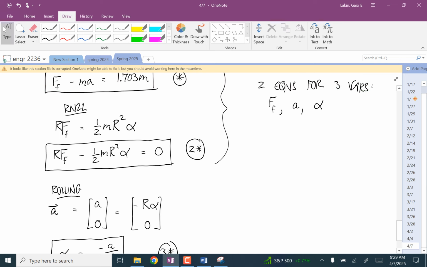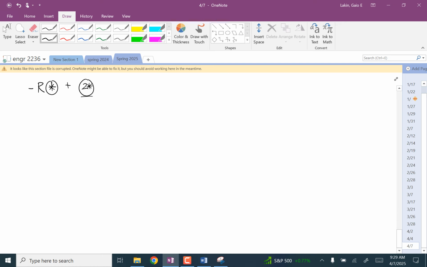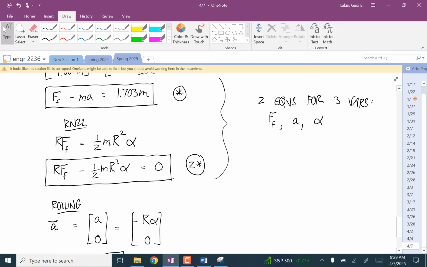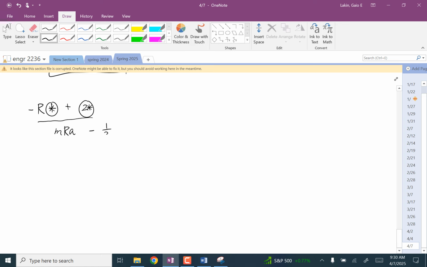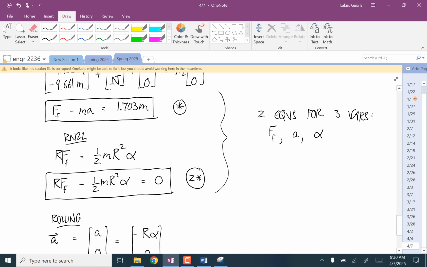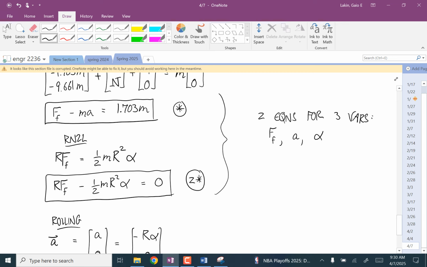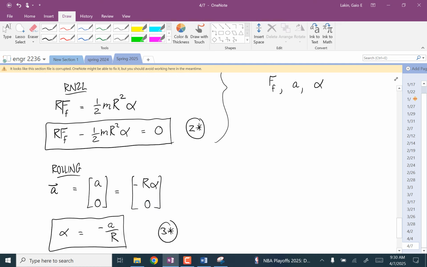And we have a positive MRA and a negative 1/2 mR squared alpha. And then all these are equal to negative 1.703 mR.